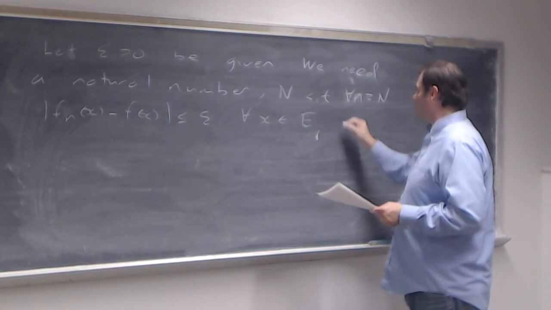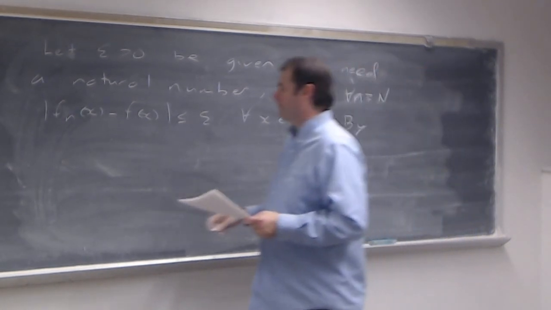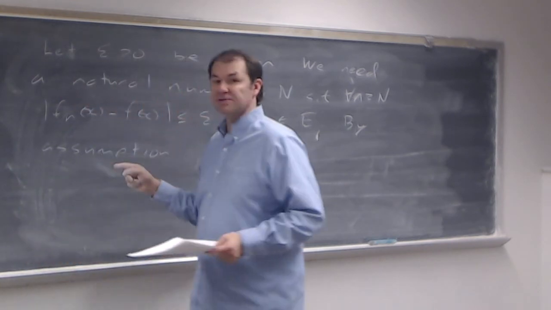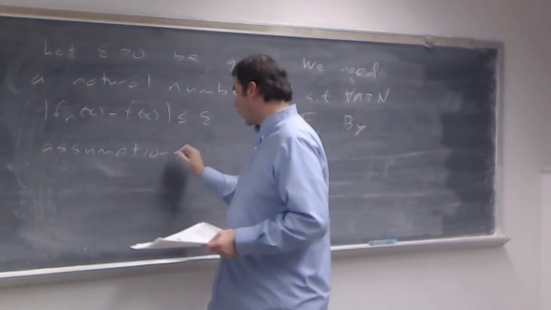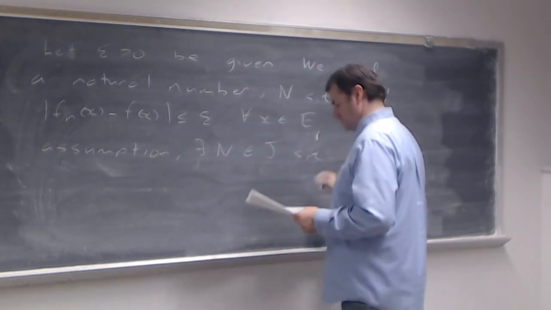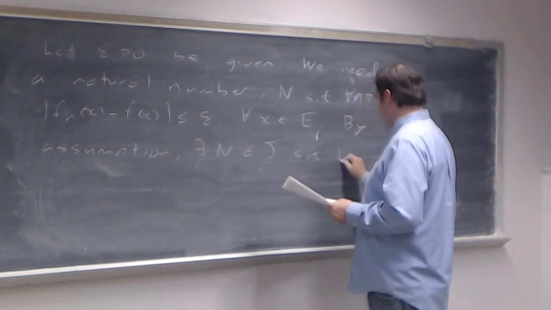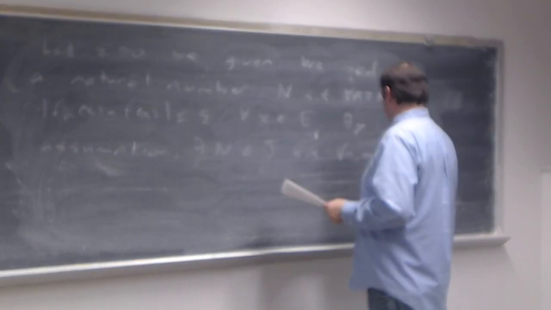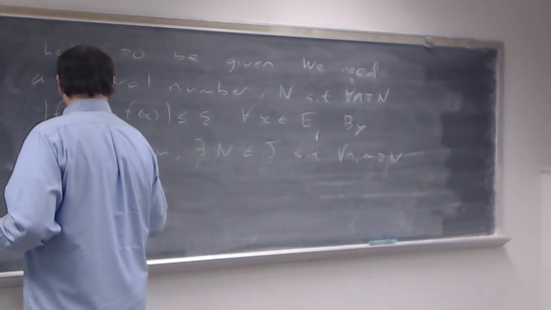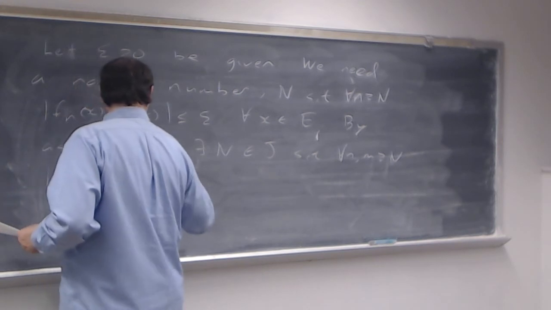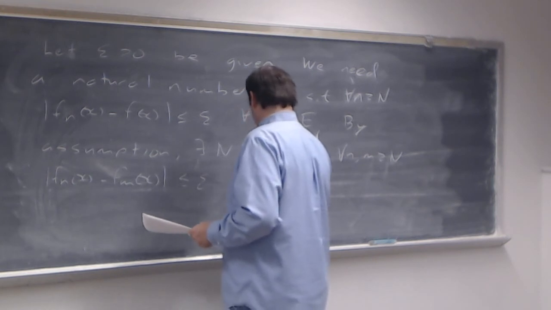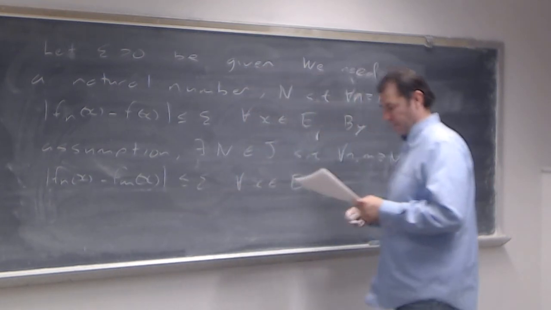Okay. Well, by assumption, in this direction, we know there exists an N element of J such that for all n, m bigger than or equal to this big N, the absolute value of f sub n of x minus f sub m of x is going to be less than or equal to epsilon for all x element of E. Okay.